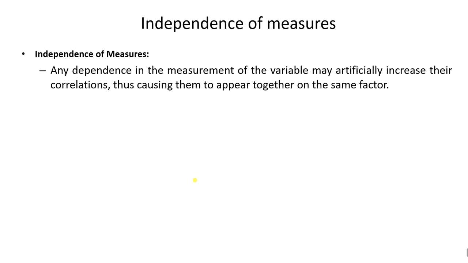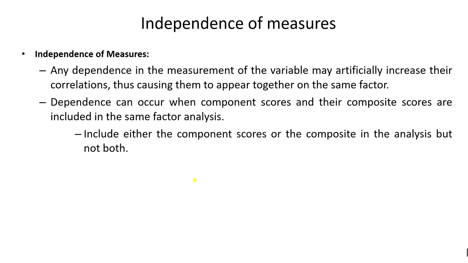If two or three variables are dependent on each other, this dependency may artificially increase their correlation, and we may arrive at a factor which is basically an artifact of this dependence and not a real factor. So how does dependency occur? It can occur in several ways.